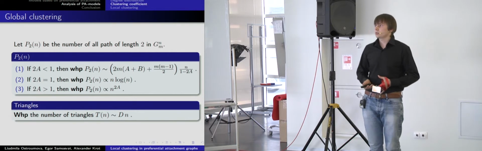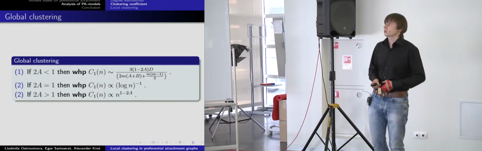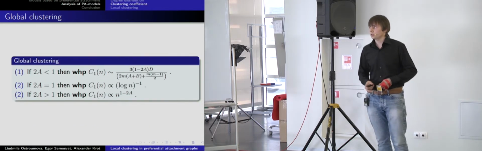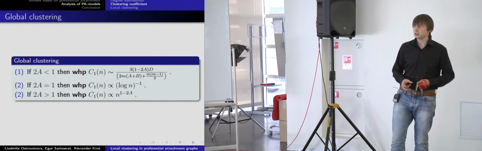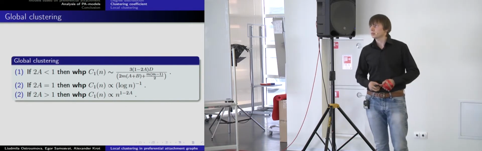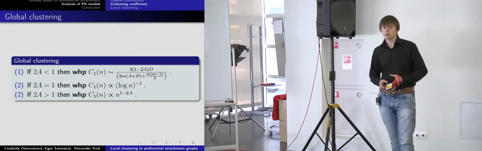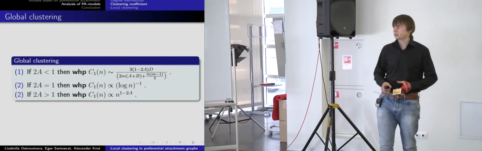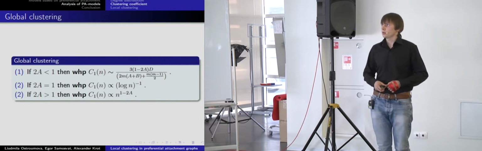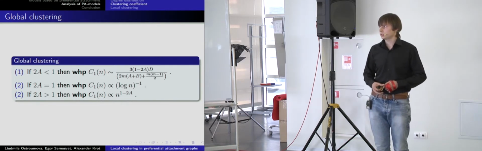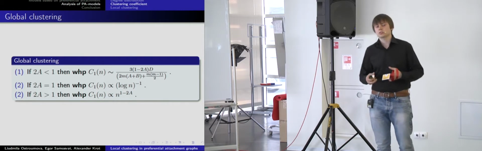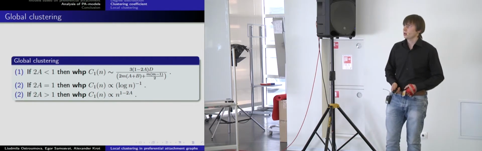Dividing one by another, we can calculate the global clustering coefficient. As you can see, if alpha is less than 1/2, we have a constant global clustering coefficient. But if alpha is more than or equal to 1/2, we have a global clustering coefficient which tends to 0.